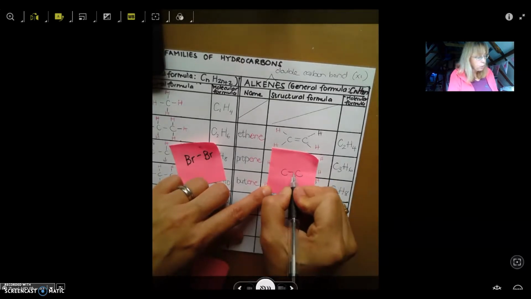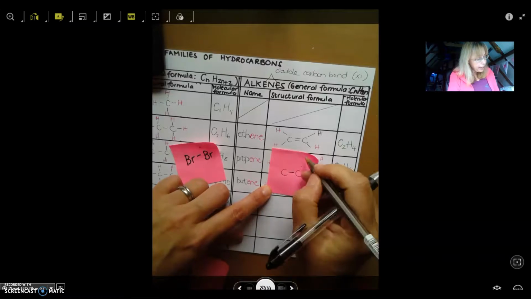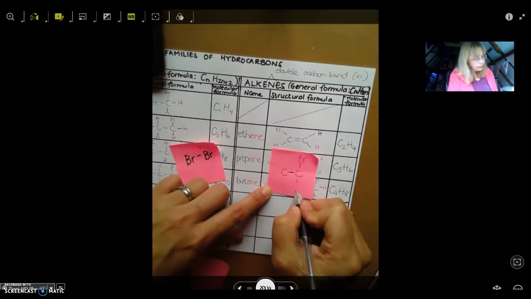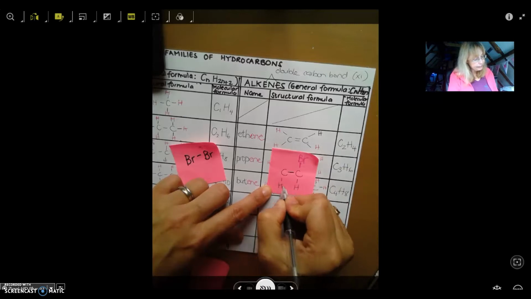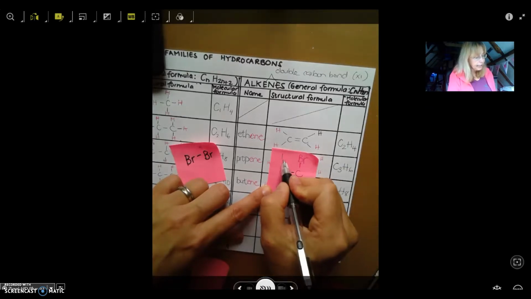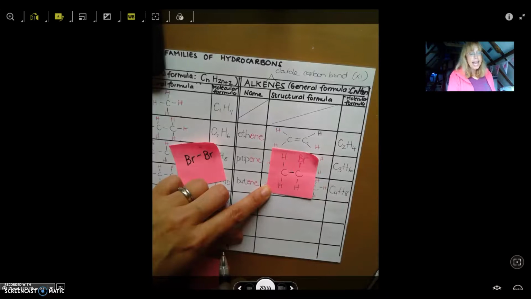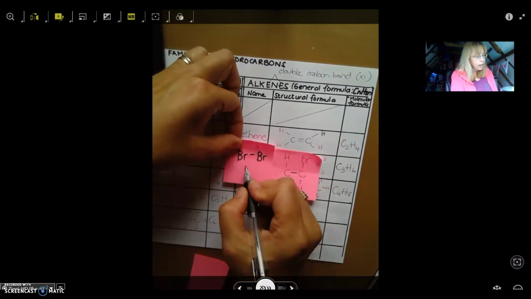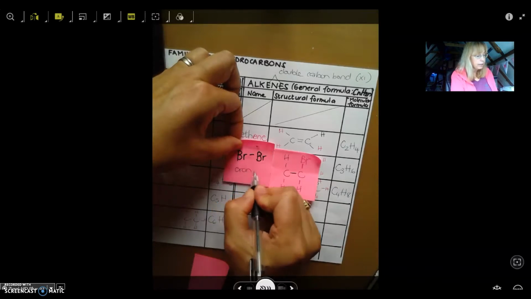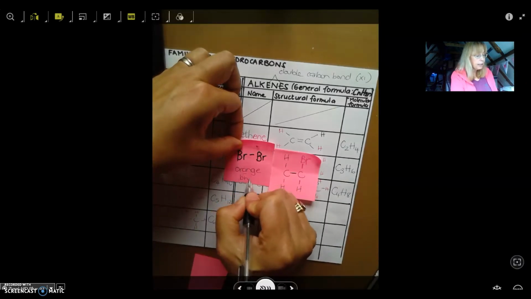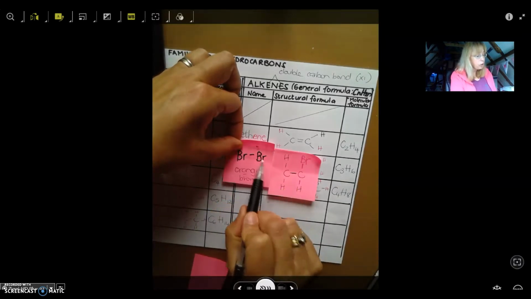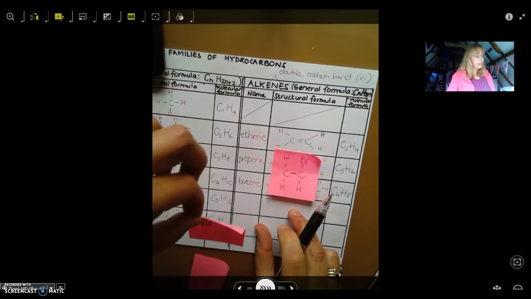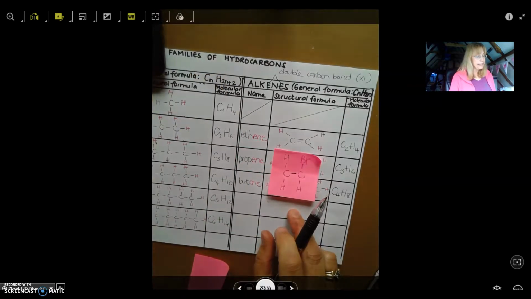Still got to hold on with one, but I'm going to pick up the bromine, one of them at least, and I'm going to form that. And so what happens is the bromine water that I added, which was originally an orangey brown color, because the bromine's becoming part of this now, it loses that orangey brown color and it becomes colorless.